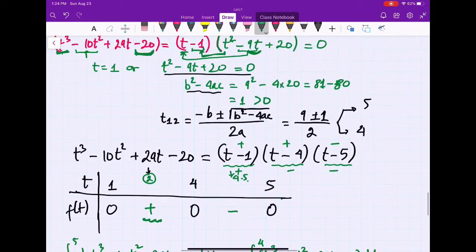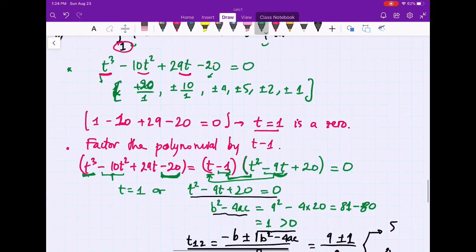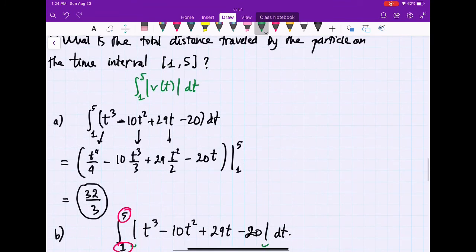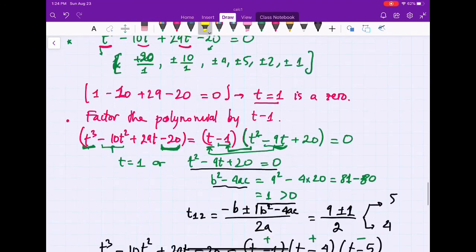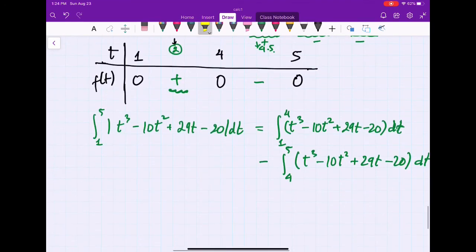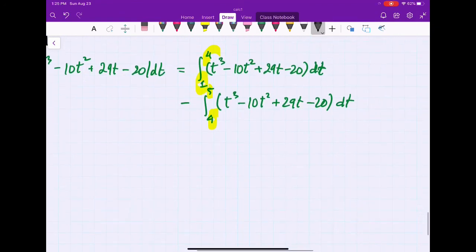But I think we already did that in the previous question. So you have the function right here, right? So basically you just need to apply the function on 1 to 4 and 4 to 5, and you get what you need. Okay, anyway, let's write it down and then we finish this example.